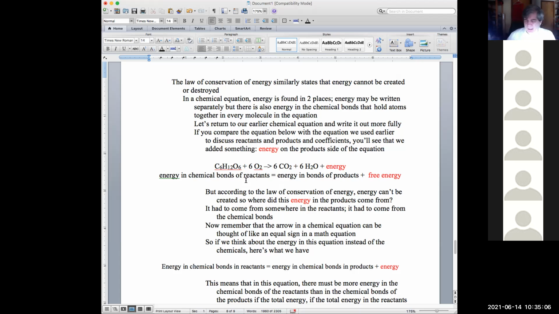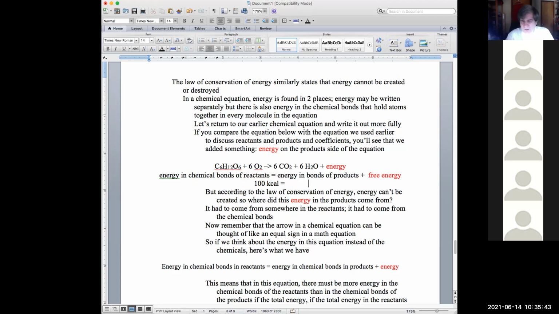So here, let's imagine that we start out with 100 kilocalories of energy. Okay, so suppose we have 100 kilocalories of energy in our reactants. Now the energy in our products has to be the same.